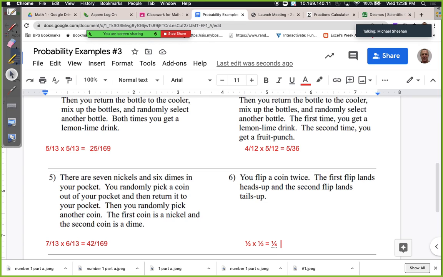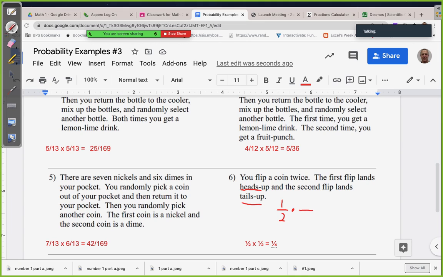Okay. So I'm flipping a coin, right? And I want to get heads the first time, and then I want to get tails the second time. So when you flip a coin, what's the probability of getting heads? It's 1 out of 2, right? Yeah.